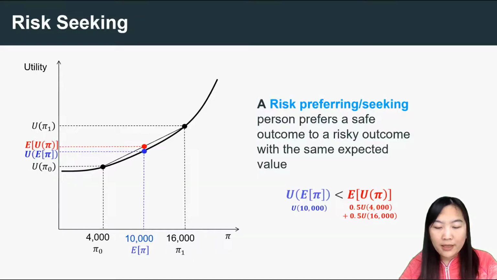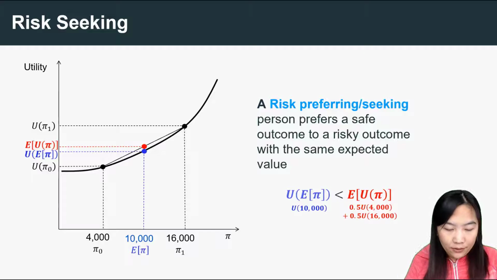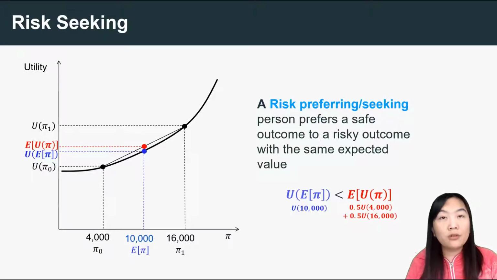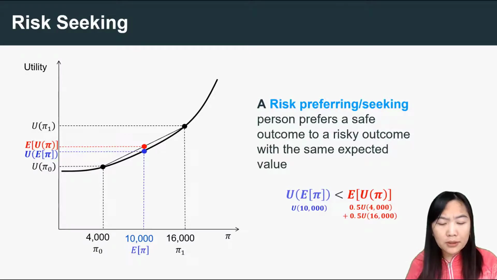You should go back here for this risk seeking or risk preferring person. You should try yourself on this graph to find the certainty equivalent level. I'm going to show you very quickly, and if you're not following, you probably should pause and think a little bit more about this. First, you find these 2 utilities, and then you find the expected utility, which is still the red point here.